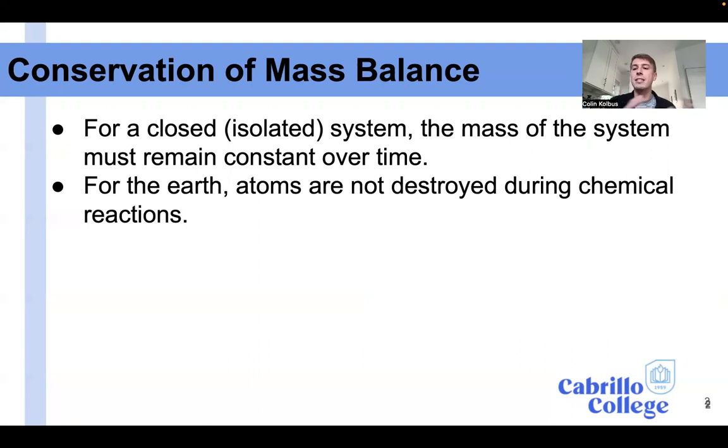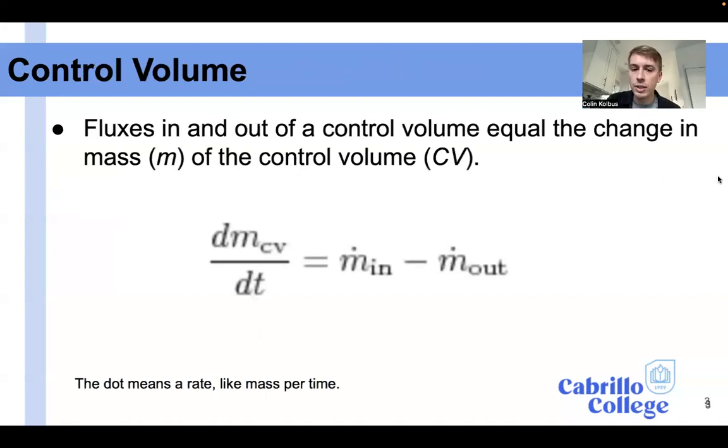And the amount of mass that remains within a watershed can be calculated by this equation. The fluxes in and out of the control volume equal the change in mass of a control volume. So a control volume is our system. It's the region of interest, the one we want to look at. You can say the control volume is whatever you want it to be.